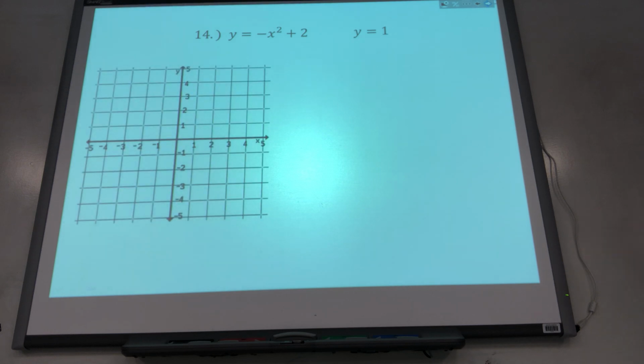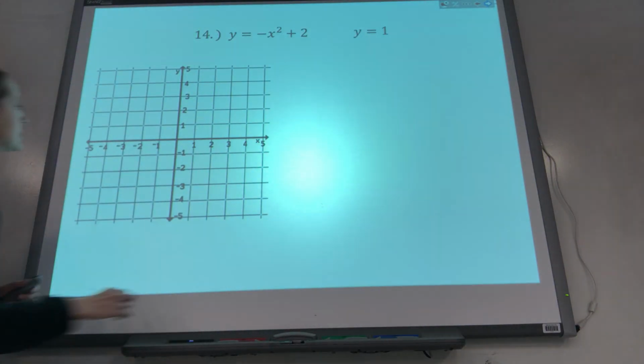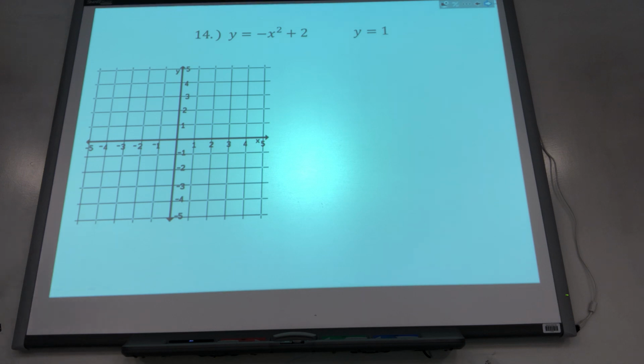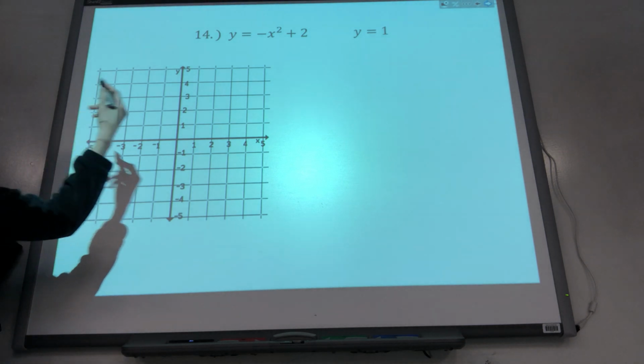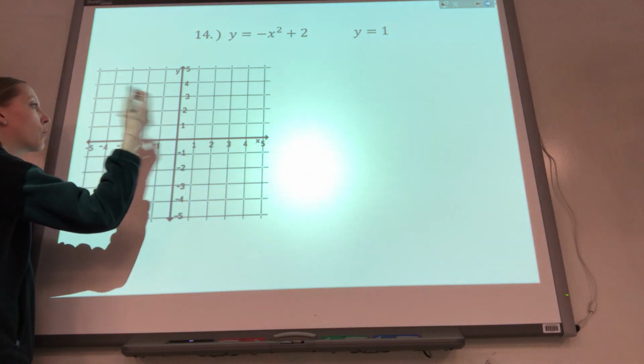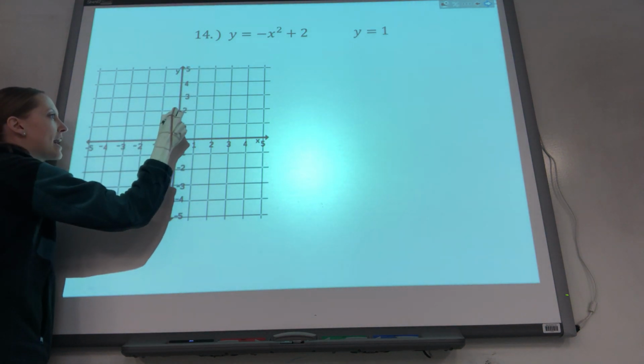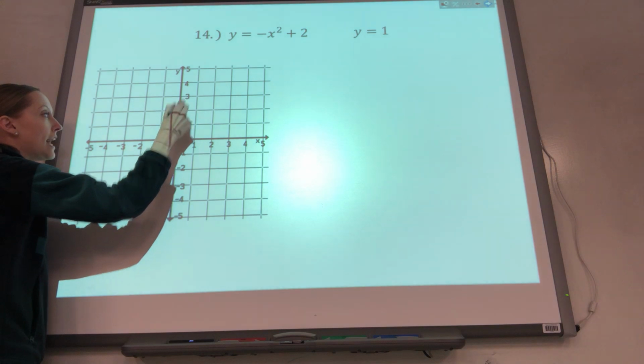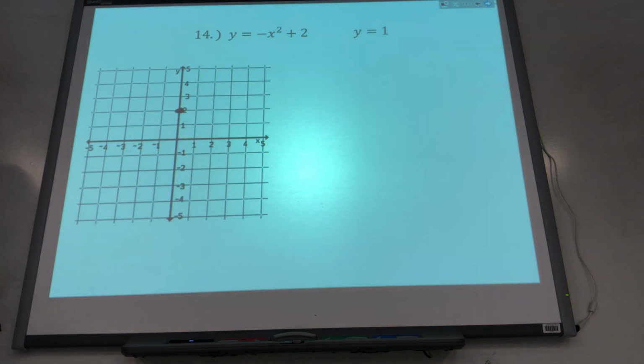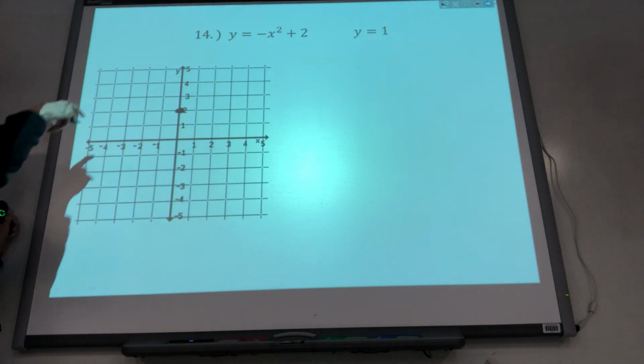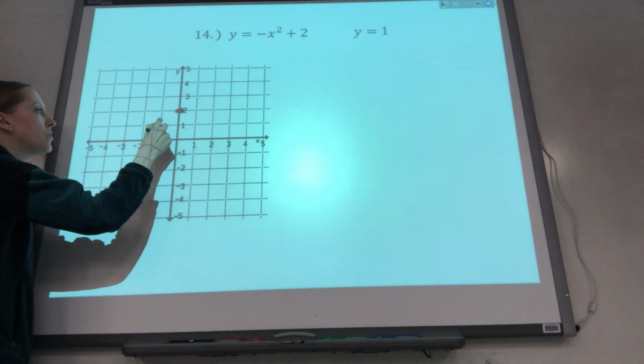If it helps you to graph it so you can see what's going on a little bit better, then do it. But again, it's multiple choice, so I'm not really going to care if you draw the graph or not. Now, this should actually be a parabola flipped upside down and shifted up 2.